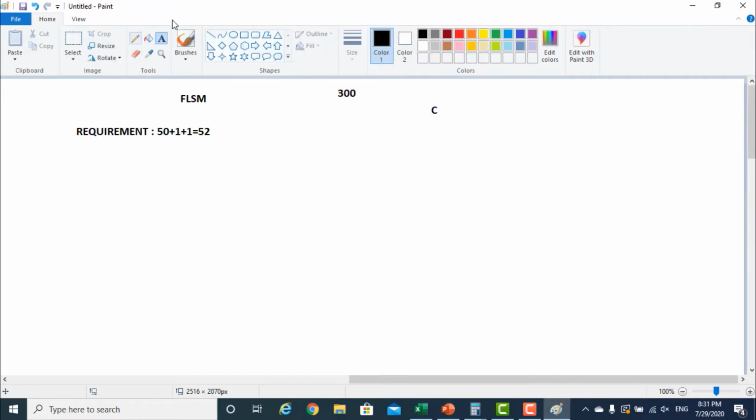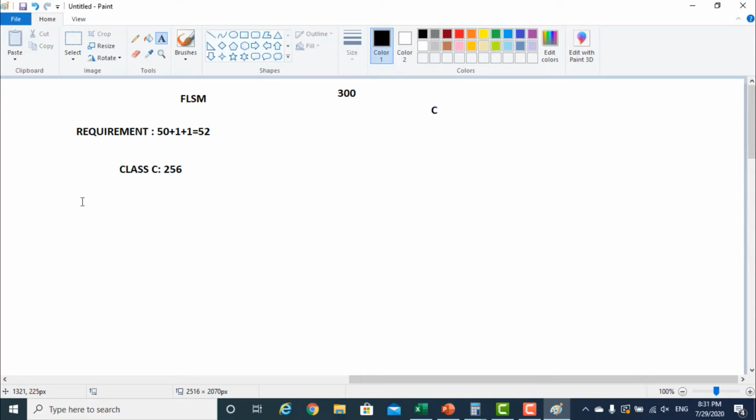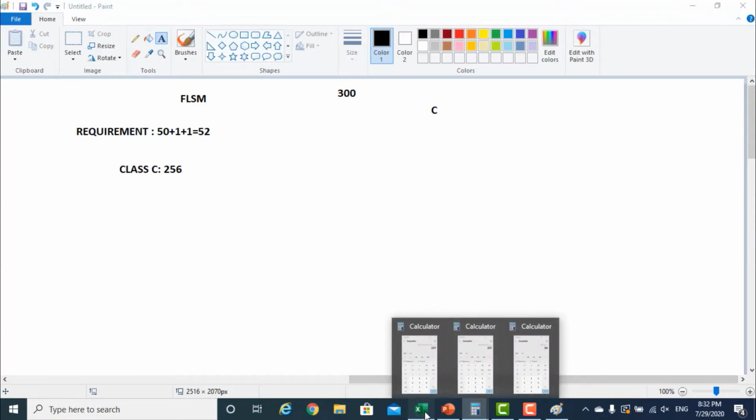The next time I will give some examples of class C. So you have a class C IP address which provides you 256 IP addresses. First of all, how do you know how to divide these 256? This 256 should be divided in which number? You should always refer to the power of 2.